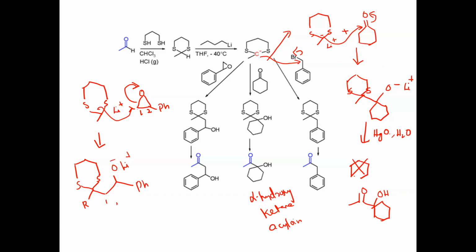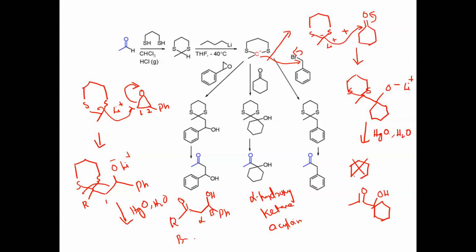This compound is then treated with HgO and water. When it becomes hydrolyzed, we will get R double bond O, here will be OH, and here it's Ph. Okay, so it is alpha and beta.